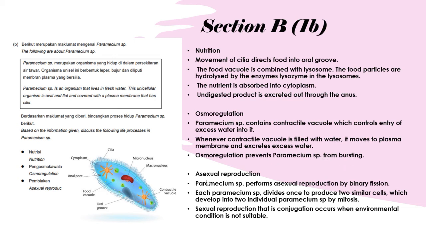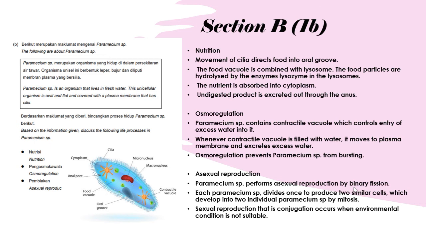Next, the next life process is asexual reproduction. Paramecium performs asexual reproduction. Asexual refers to reproduction without involving gametes.